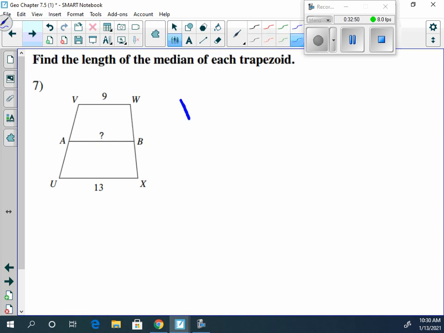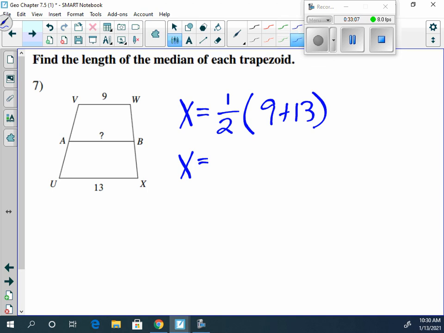Well, we can call AB X. X is equal to what? Because the mid-segment for AB is equal to half of the sum of the bases, so 9 and 13.